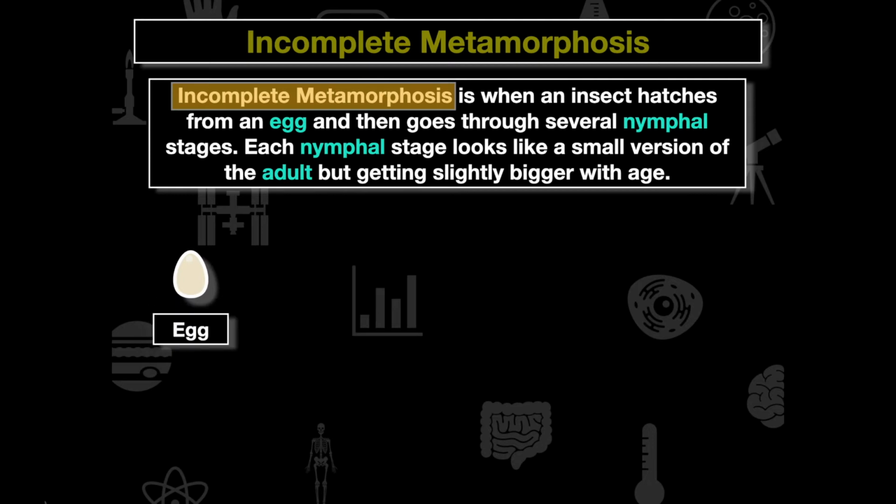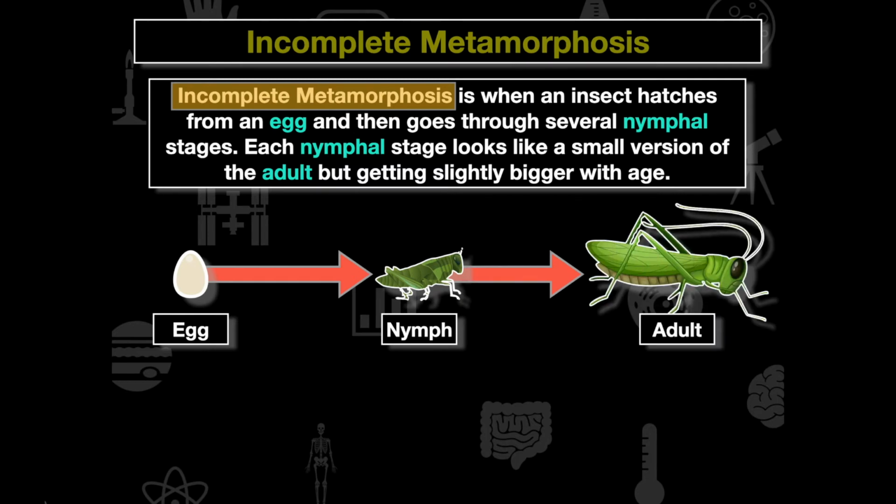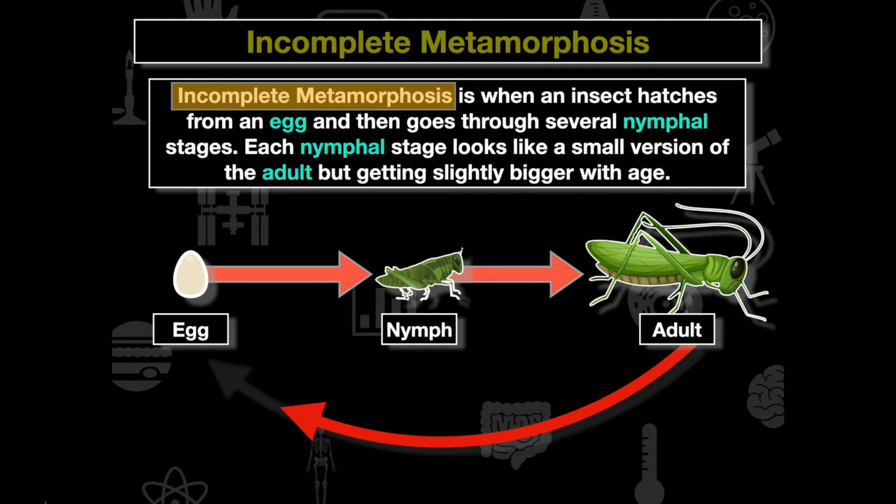So we're going to start with the egg, and in the case of a grasshopper, we're going to see what we call a nymph. And a nymph is almost like a baby insect of that full-grown adult. When we go through these stages, we go from egg to nymph to adult, and then the adults lay their eggs again. So in incomplete metamorphosis, remember, we call these nymphal stages when they look like a smaller version of the adult.